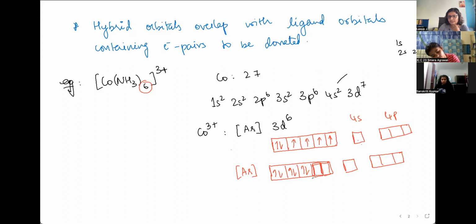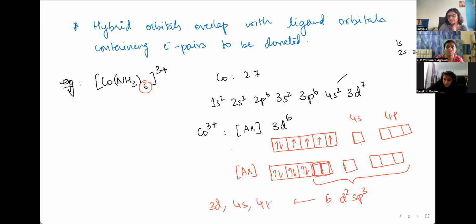Okay, so these empty orbitals will together hybridize to form 6 d2sp3 hybrid orbitals. So the hybridization in this particular compound is d2sp3. You can see that the hybridization we're getting is from 3d, 4s and 4p orbitals.